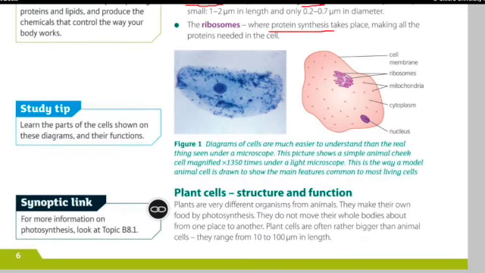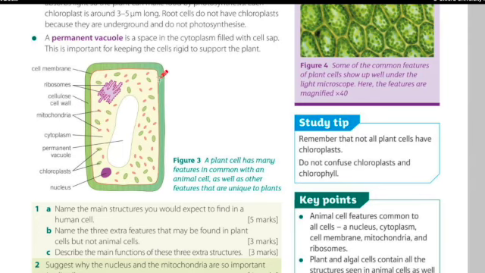Now let's look at the plant cell. A plant cell usually has a rigid shape, because it has a cell wall here, so it has a very rigid shape on the outside. Next to this rigid layer, you have a thin layer of cell membrane. And then you also have these jelly parts, that's cytoplasm.